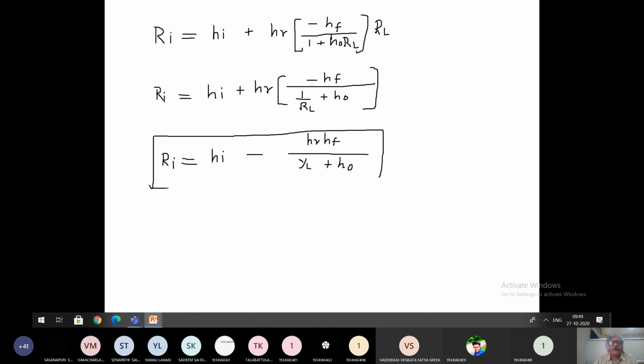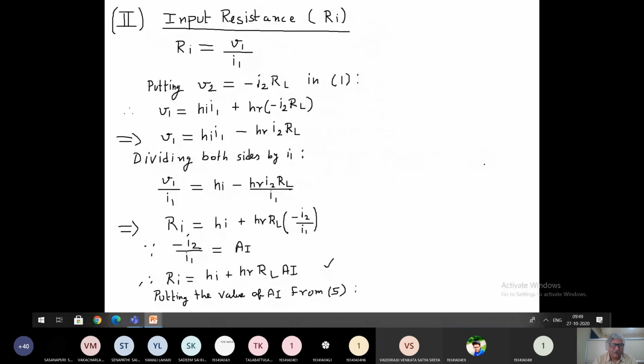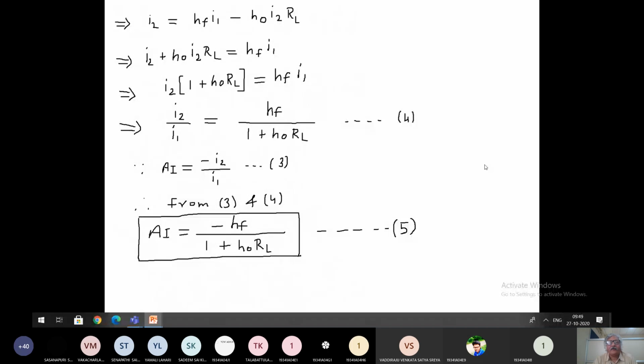If you are having the value of RL, then you find the admittance, and then these H parameters H naught, Hr, Hf, these you can use. So this expression is our expression number 6. I think this is 6 only. Fifth and then sixth.